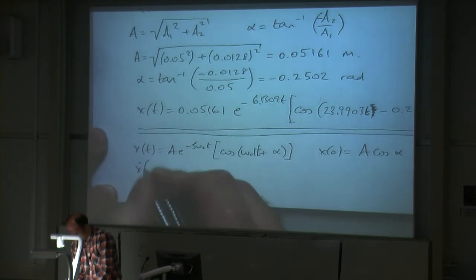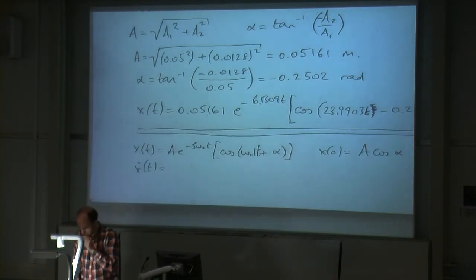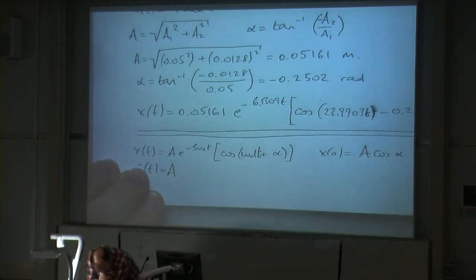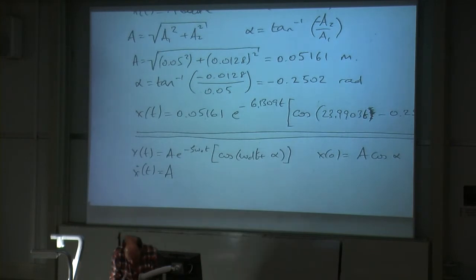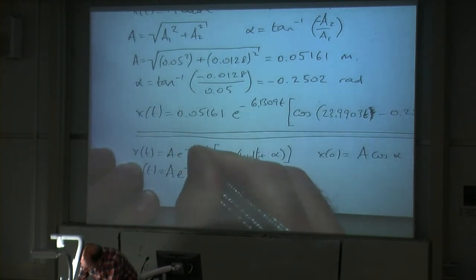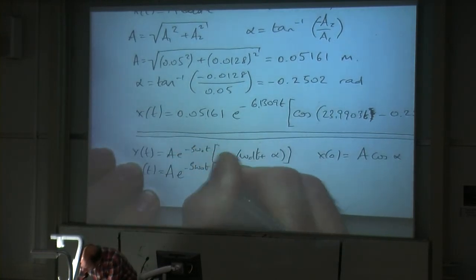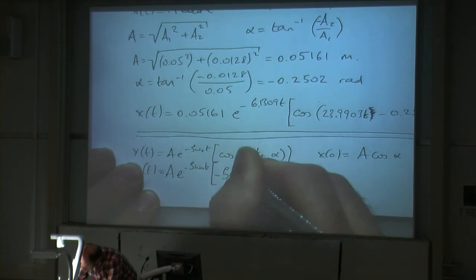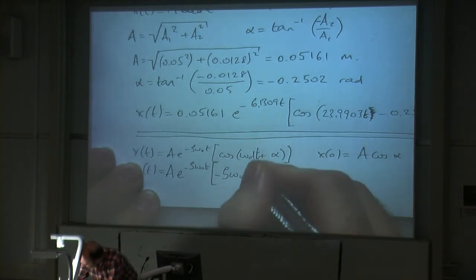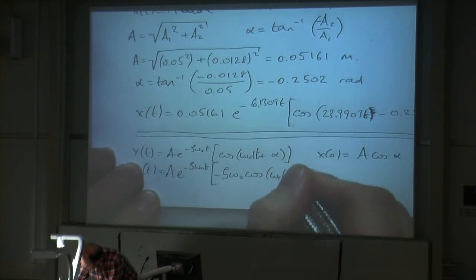Then you find x dot of t. Okay? So A is a constant, so that just remains, and then we have, this isn't given on the equation sheet, so you have to work it out, but you end up with A e to the minus zeta omega naught t. This is where learning your differentiation rules really helps.